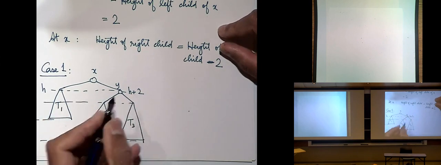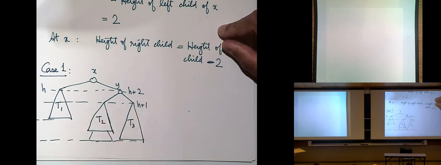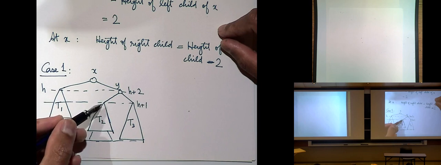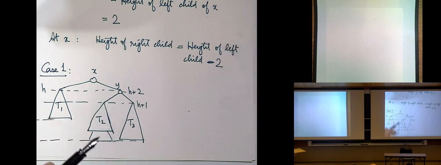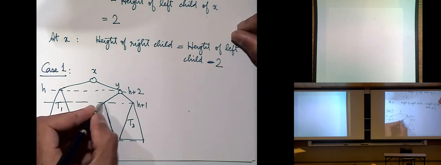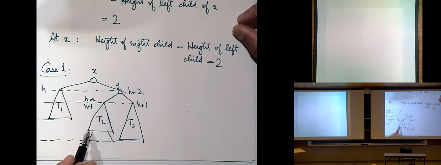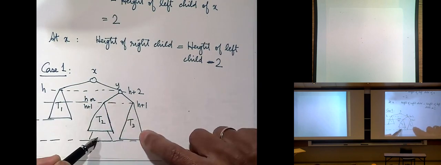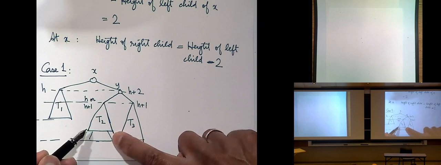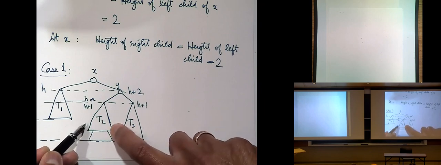So what the picture I'm drawing shows is that this has a height of h plus 1. This node over here could have a height of either h or h plus 1. So if you think about it, it has the same height as T3 or it has 1 less. It cannot have anything even less than that.